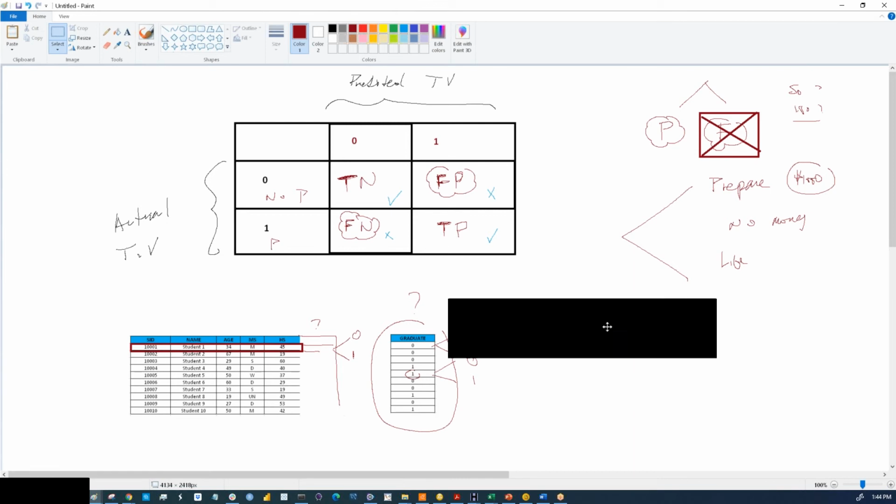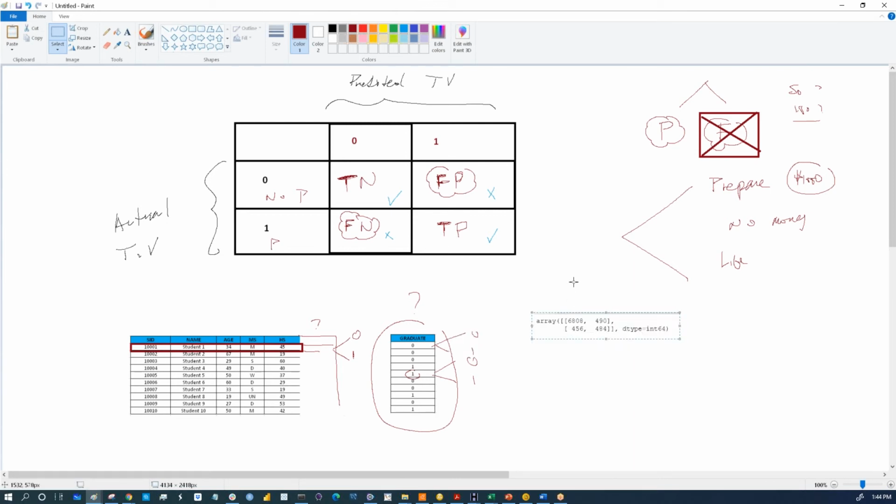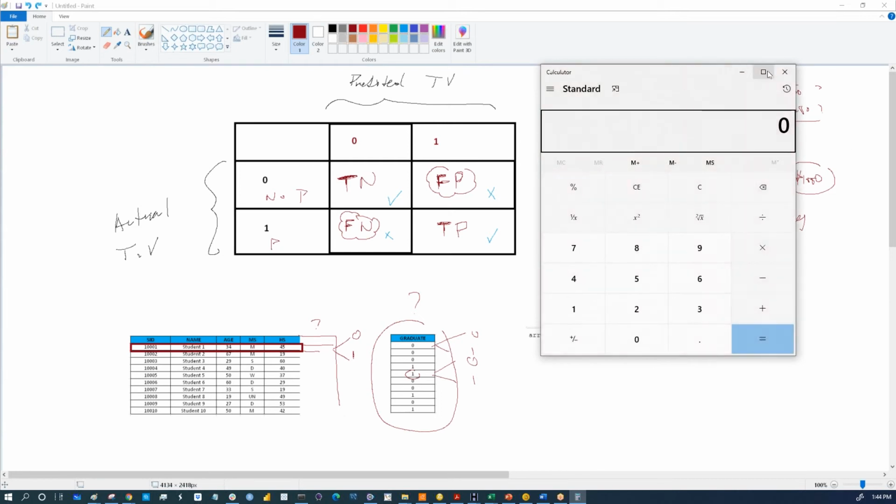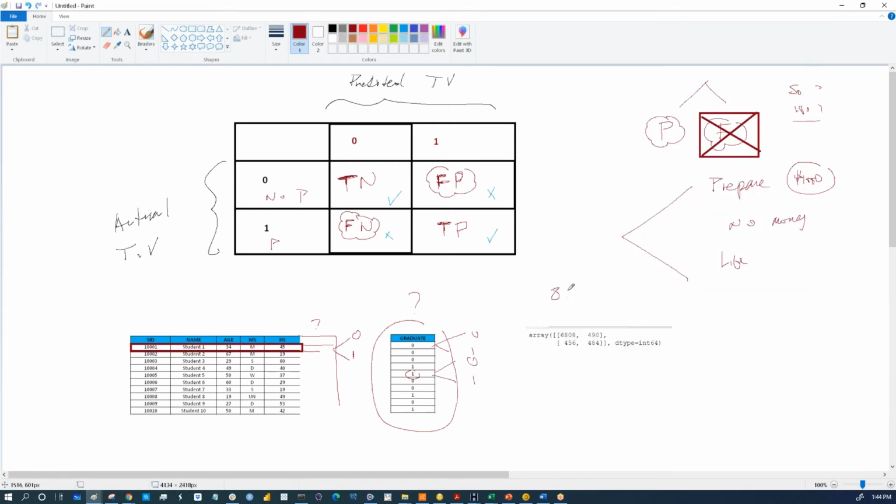Can anyone do the math? What is 20% of 41,188? It is 8,238.